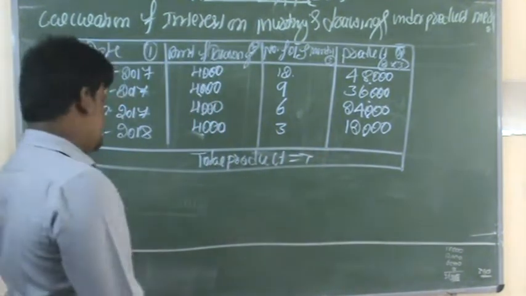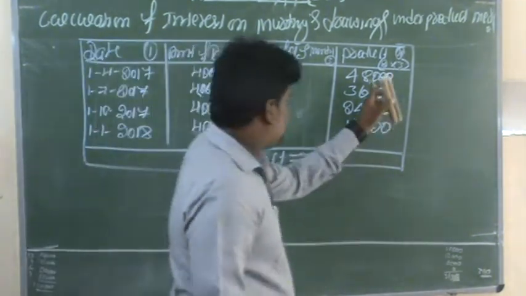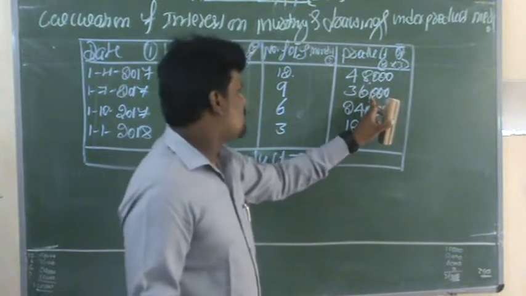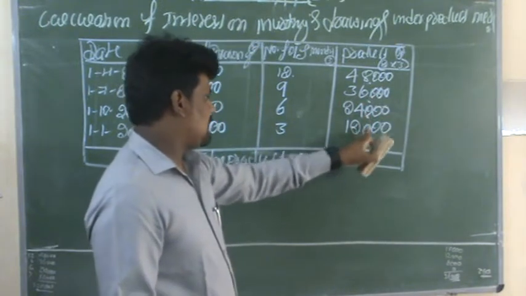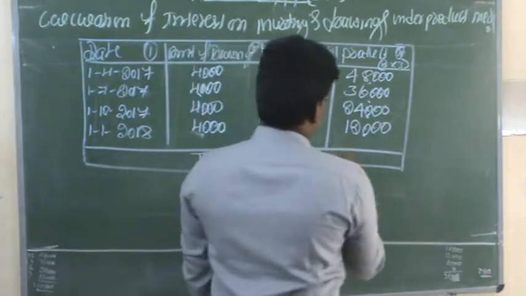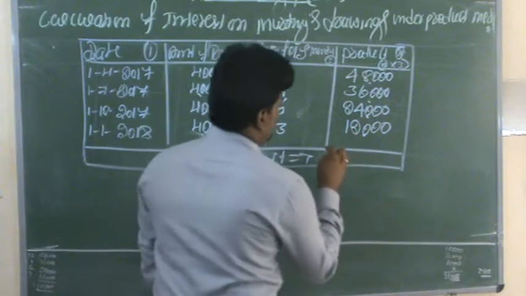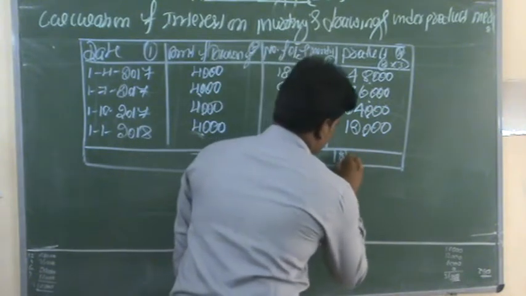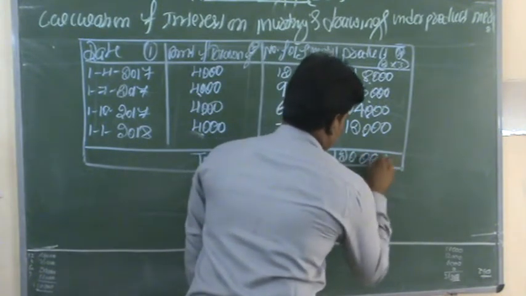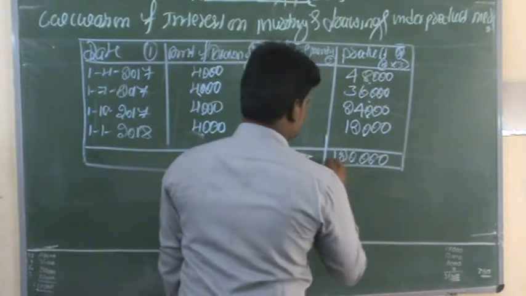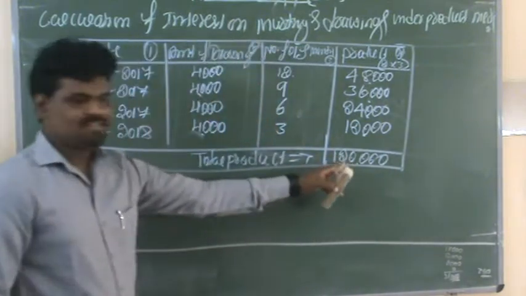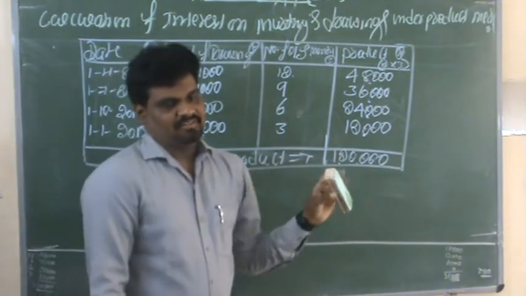The total products are 48,000 plus 36,000 plus 24,000 plus 12,000. So make it total: 1,20,000. This is the total product.